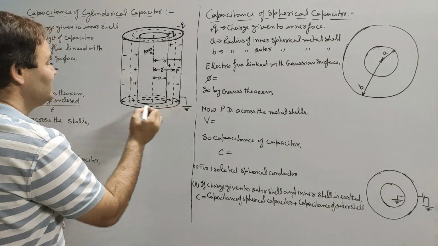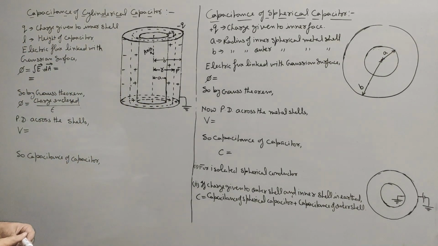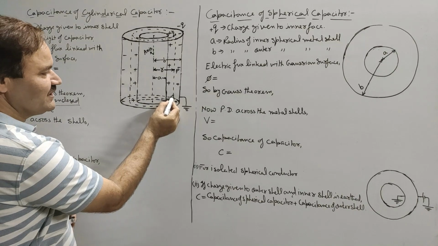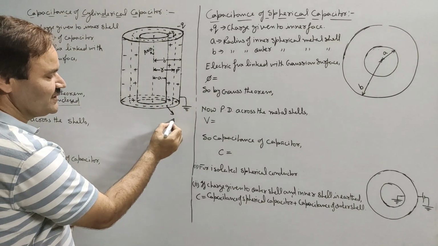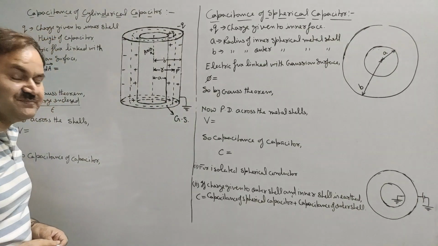Height of the capacitor we have taken as L. So this dotted one will indicate Gaussian surface.